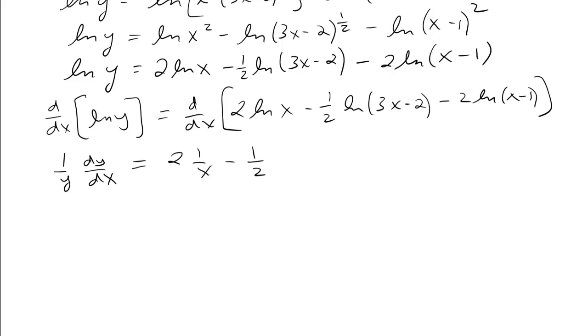The derivative of ln 3x minus 2 is 1 over 3x minus 2 times the chain rule factor 3, as the derivative of 3x minus 2, then minus 2 times the derivative of ln x minus 1, which would be 1 over x minus 1.